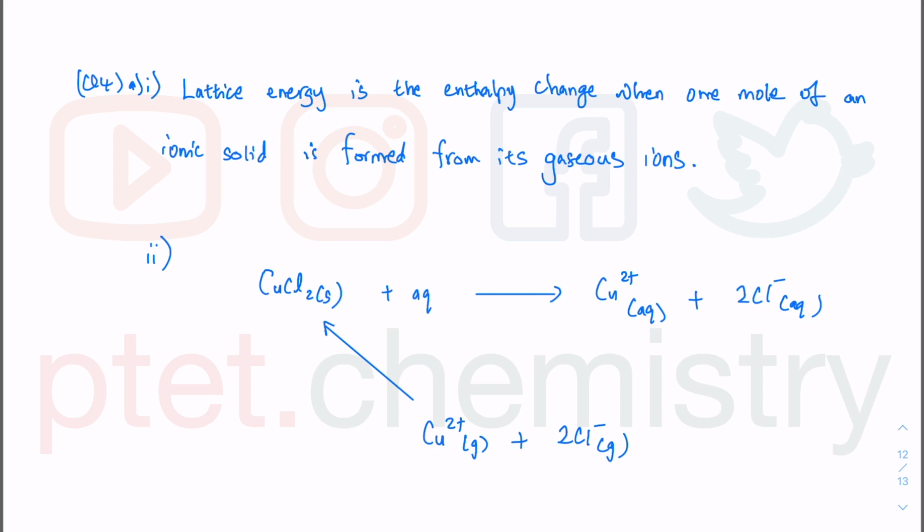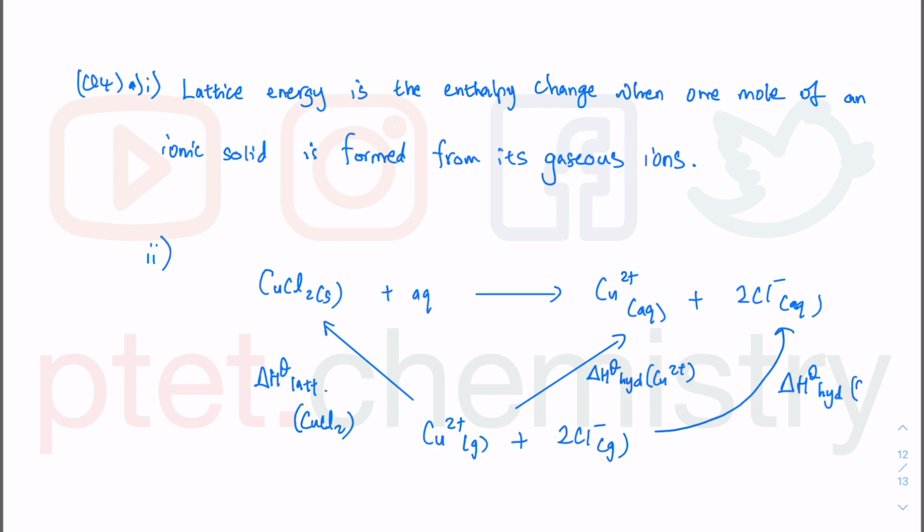Going up there, that is the lattice enthalpy of CuCl2. Going up here is the hydration of Cu2 plus. And going up there is the hydration of Cl minus, but multiplied by 2 because I am hydrating 2 moles of these gaseous ions to give me 2 moles of these aqueous ions. What I want is this enthalpy of solution.